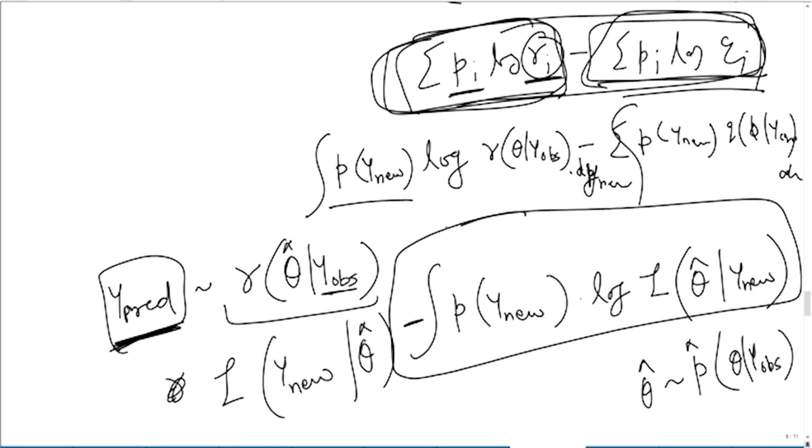Then its integration with respect to y nu. So this gives us a measure of predictive accuracy of a particular model, let us say R. Let me replace this L by R just to indicate that we are talking about a particular model R. Now, we will build on this.